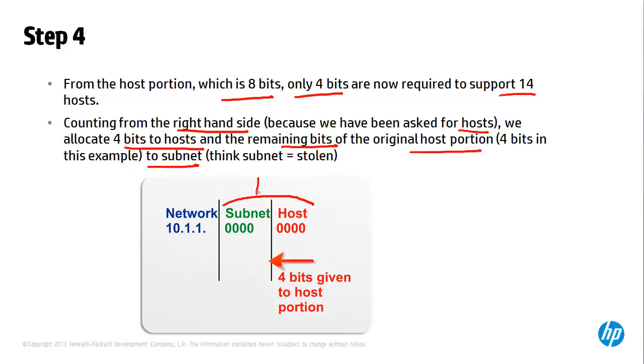So originally we had 8 bits for host. Counting from the right-hand side, we allocate 4 bits to host, and the remaining 4 bits can be allocated to the subnet. We have stolen, if you like, 4 bits from the host portion and allocated it to the subnet portion.